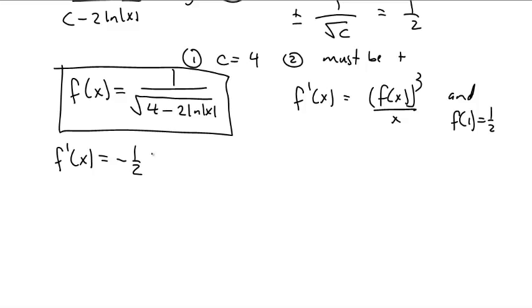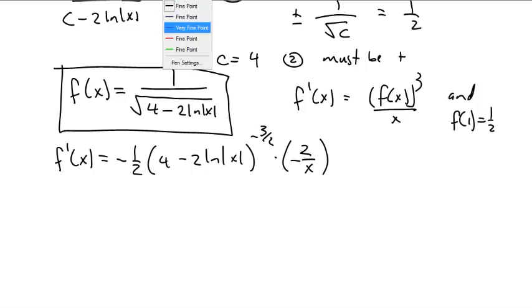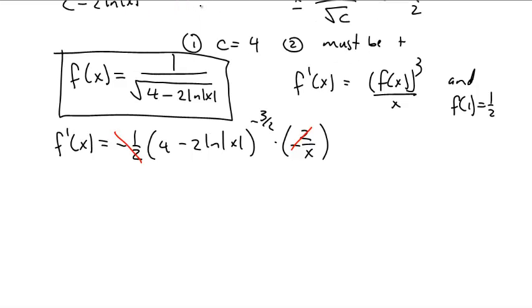So the negative 1/2 comes out front. We leave the 4 minus 2 natural log of absolute value of x for a second. It was to the negative 1/2 power, now it's to the negative 3/2 power, and we multiply by the derivative of what's inside. The derivative of 4 is nothing, and we get negative 2 over x. That's the derivative of the natural log of x. So this negative 2 cancels out with this negative 1/2, and we are left with, I'm going to write it just this way.